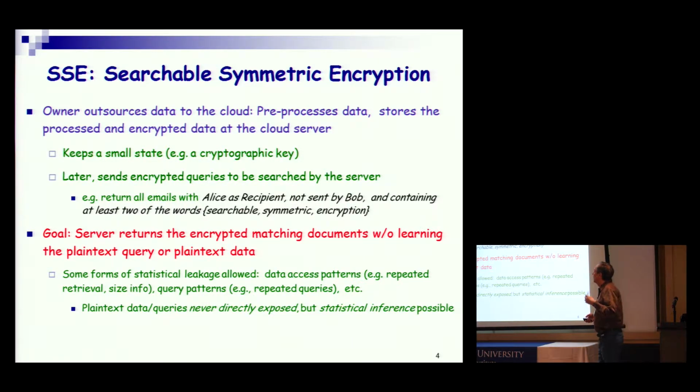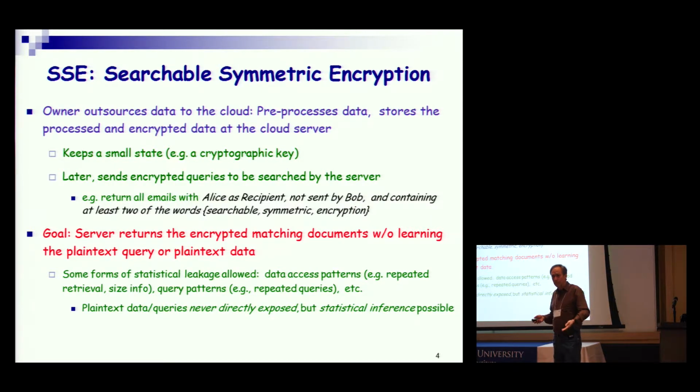efficient or practical, we are going to give up on some of our beloved fully computational security and allow for some forms of leakage. For example, the main thing is that we are going to return encrypted documents, but if the same document is asked for twice, I mean, if 2 queries have a document in common, the server that stores the encrypted data will know that this document was asked twice.